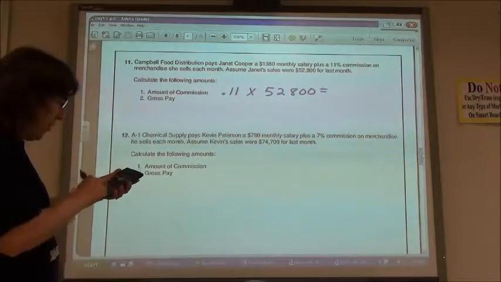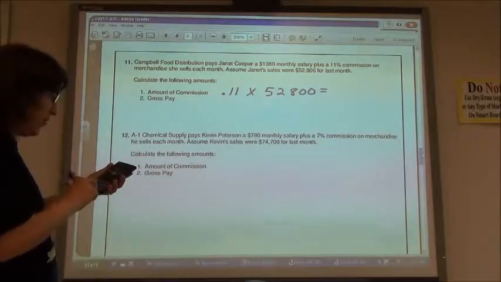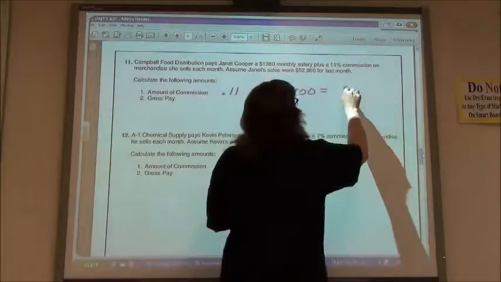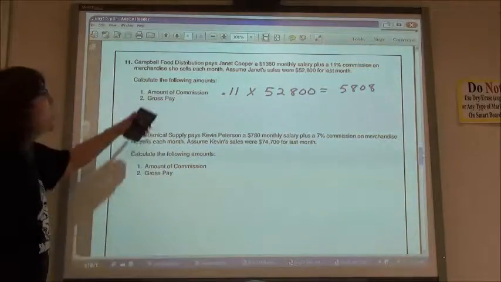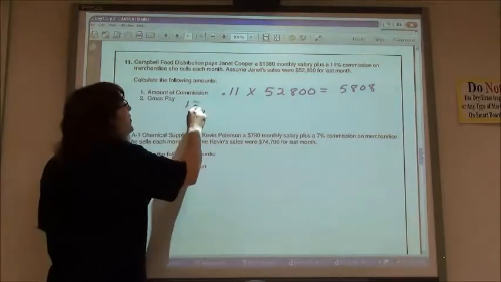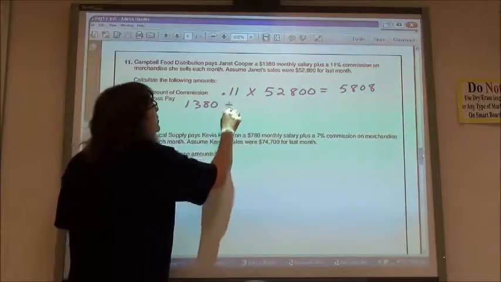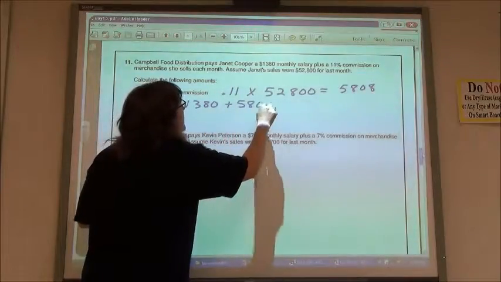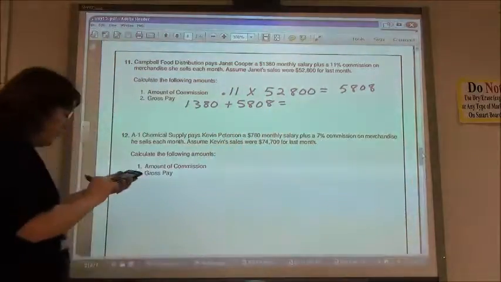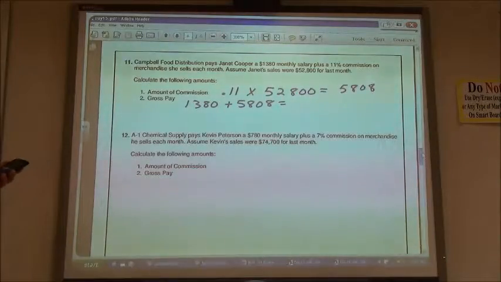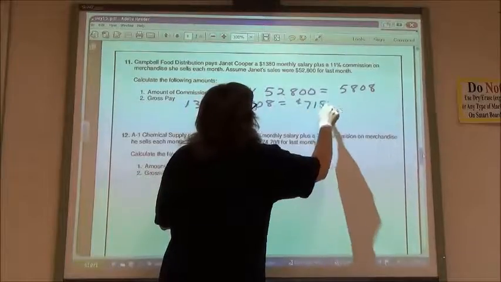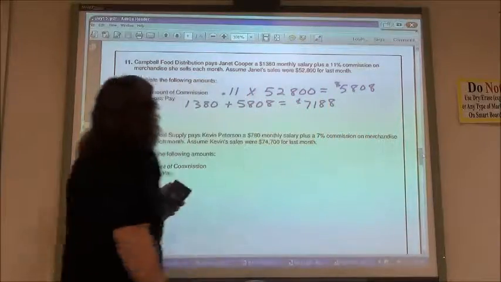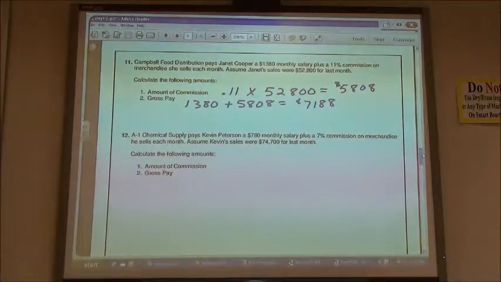So 0.11 times $52,800 means $5,808 is the amount of her commission. Her gross pay, she gets the $1,380 plus her commission of $5,808. So if we add those together, $7,188. So her gross pay, $7,188.